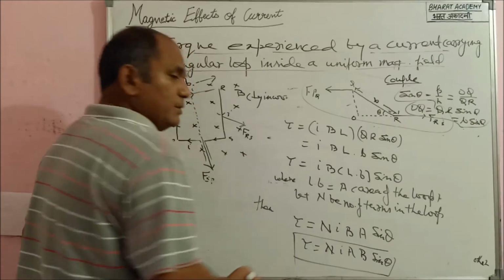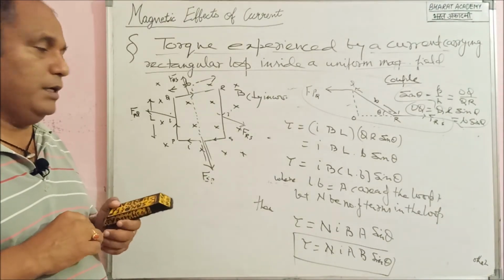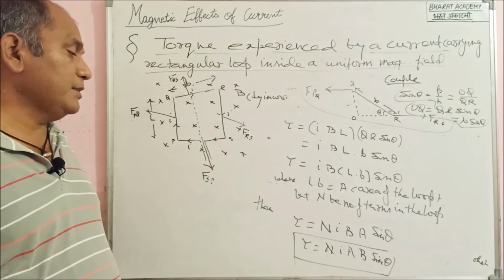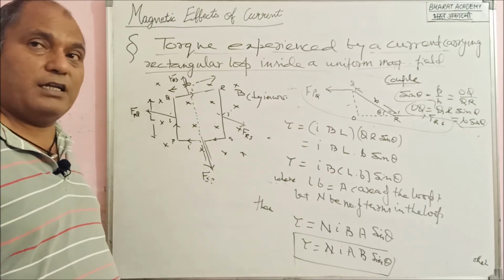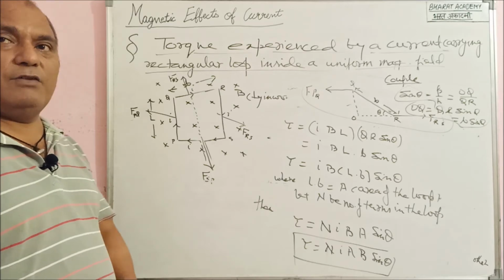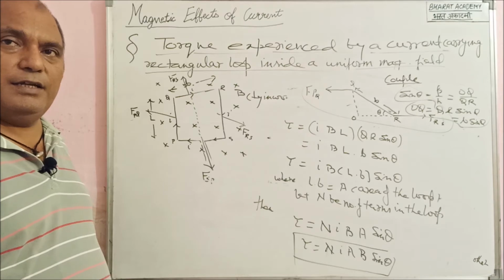This will be the torque experienced by a current carrying loop inside a uniform magnetic field, where N is the number of turns, I is the current, A is the area of the loop, B is the magnetic field, right? And theta is the angle formed by the magnetic field with respect to the normal of the surface, right?